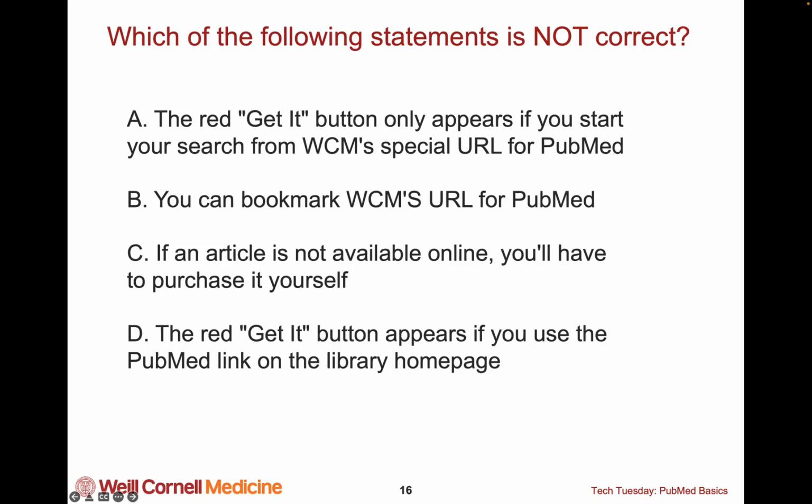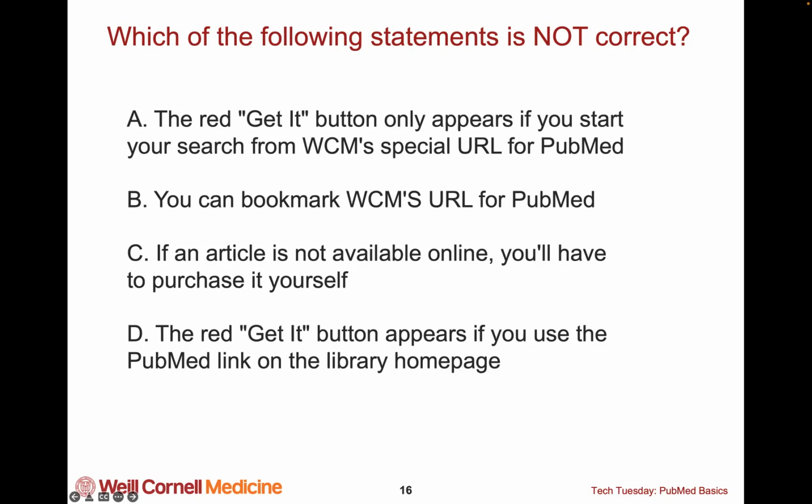Let's just go over a couple of the answers that were selected that weren't correct. One is, okay, so the red Get It button does appear if you use the PubMed link on the library homepage. That's why you should use that PubMed link as opposed to going to pubmed.gov. You actually can bookmark Weill Cornell's URL for PubMed.